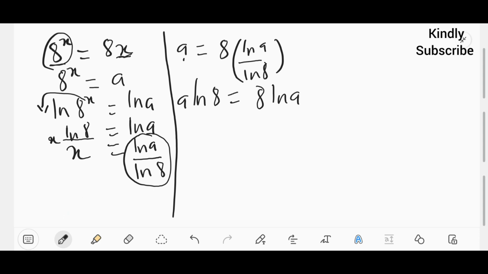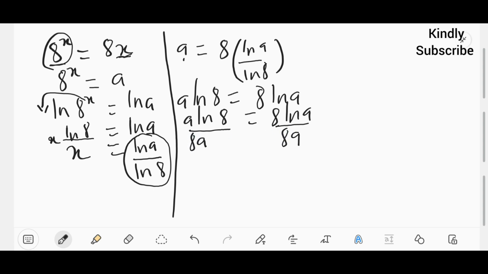All right, now at this point you're going to send all the variables to one side and all the constants or the numbers to another side. Okay, so we are just going to divide both sides of the equation. We want to send the a to this side, so we are going to divide this side by a, side 2 by a, but we also want to move this 8 to this side, so we're going to attach the a to it.